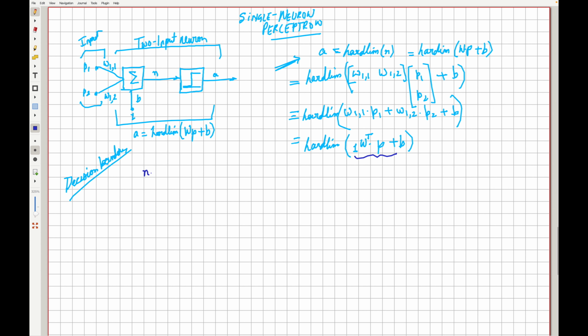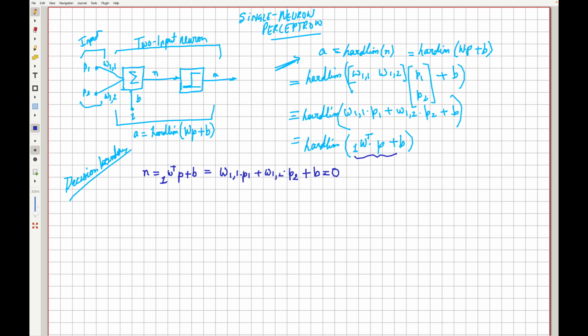So we can say that n is equal to 1w transpose p plus b, which is equal to what we wrote earlier, w11 times p1 plus w12 times p2 plus b is equal to 0, and that is our boundary condition.